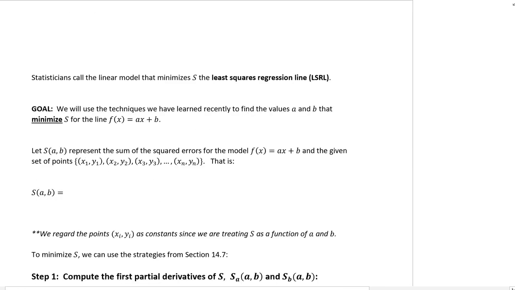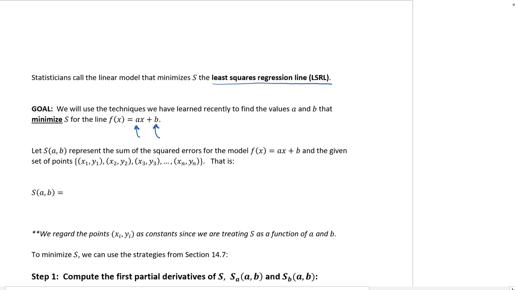So we're going to be looking at this linear model that minimizes s. We have a name for it, least squares regression line, LSRL. I'm hoping that word regression seems familiar from past math classes. So our goal, if we're finding a regression line, is we're trying to find a linear function.